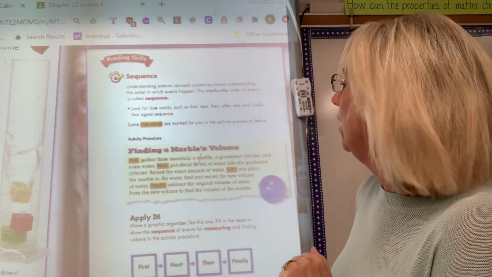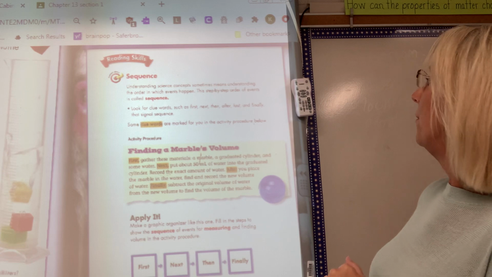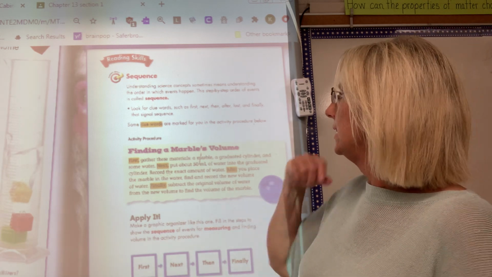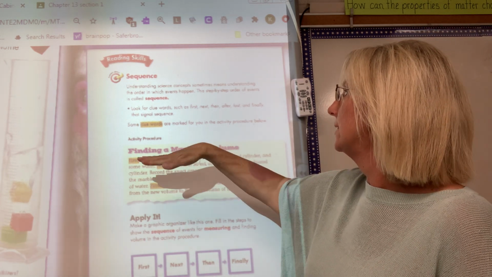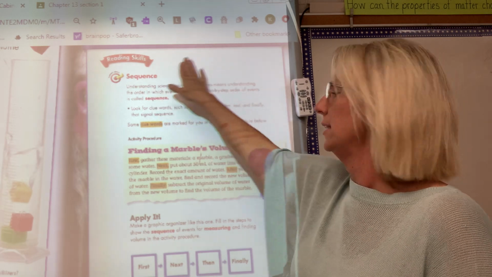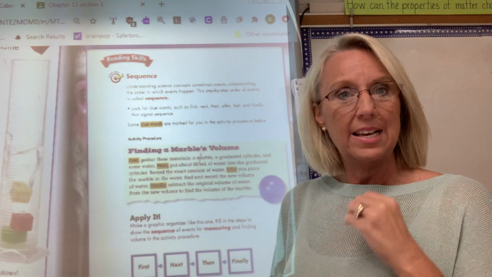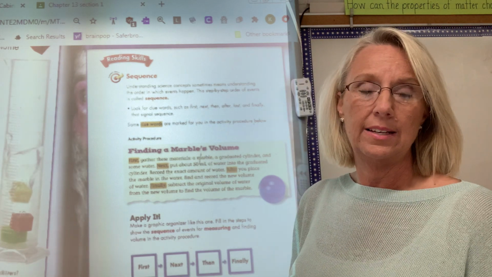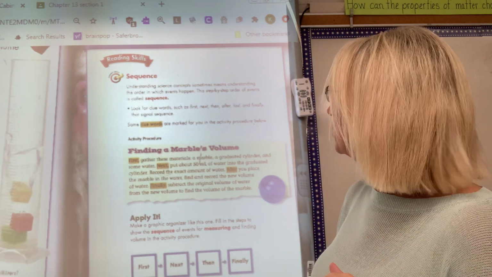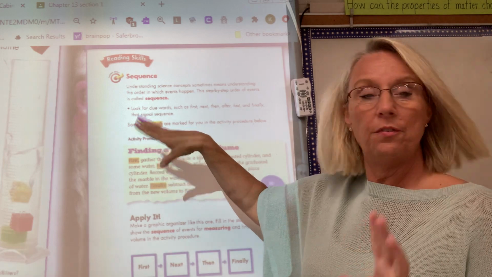Now, one of the things I want us to look at, and I've talked about this first piece already, is the importance of understanding how things work in step-by-step procedures. And they're giving me a few clues.